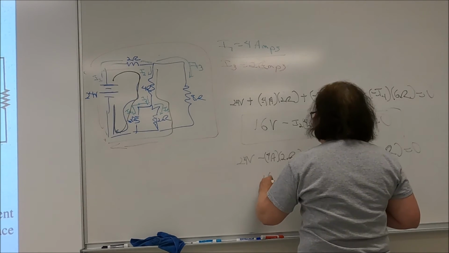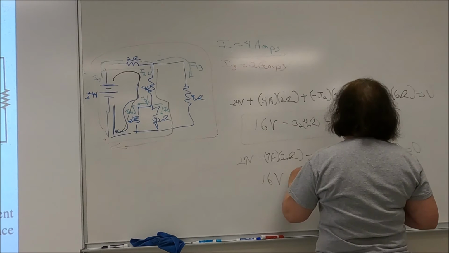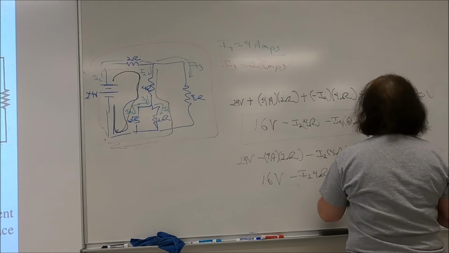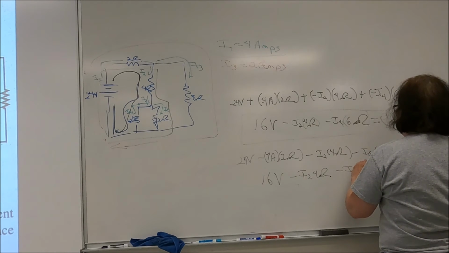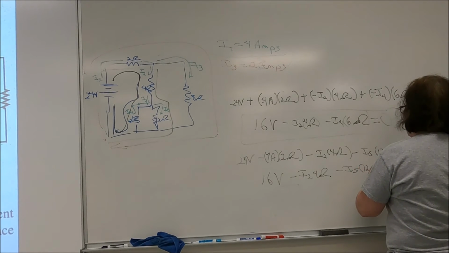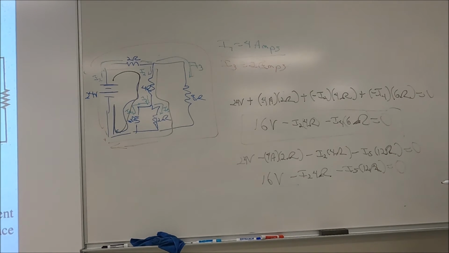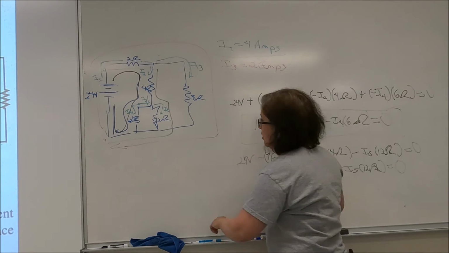So again, I get 16 volts minus I2 4 ohms minus I5 times 12 ohms has to be 0. So now I have two equations and three unknowns, and I can make a third loop here.